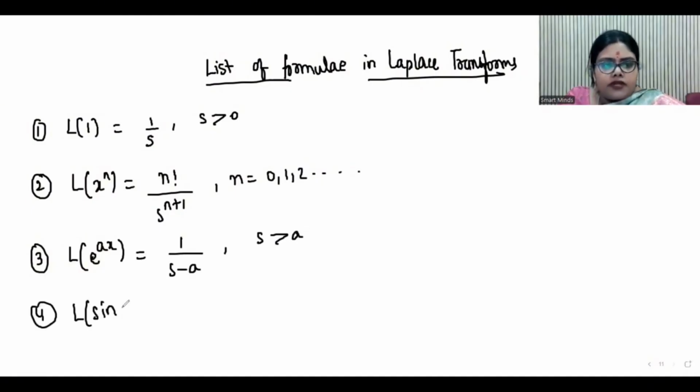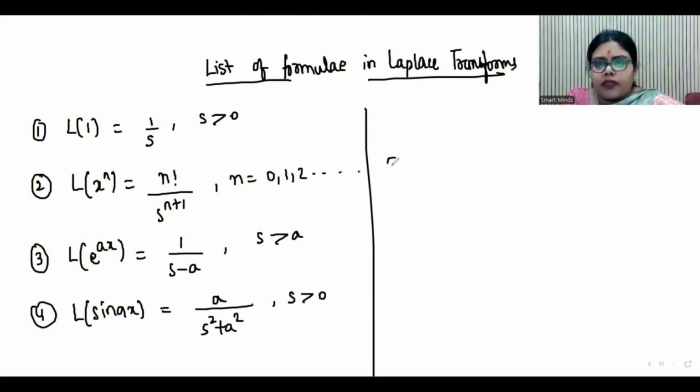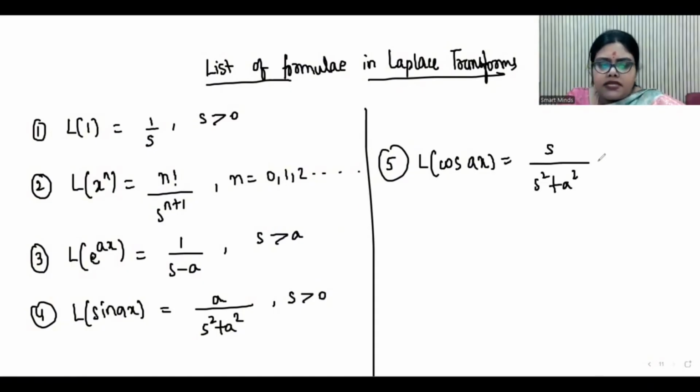L of sin ax is a by (s square plus a square), where s is greater than 0. L of cos ax is s by (s square plus a square), where s is greater than 0.